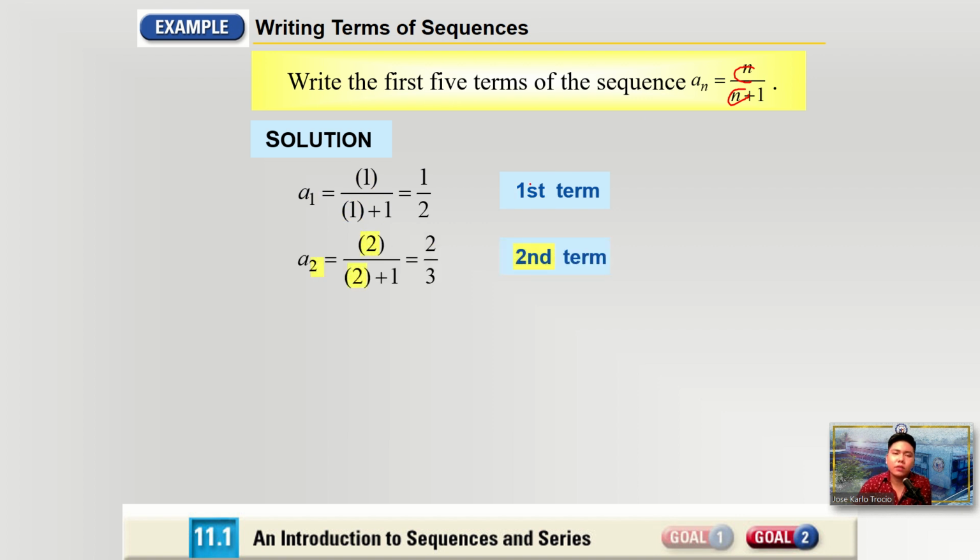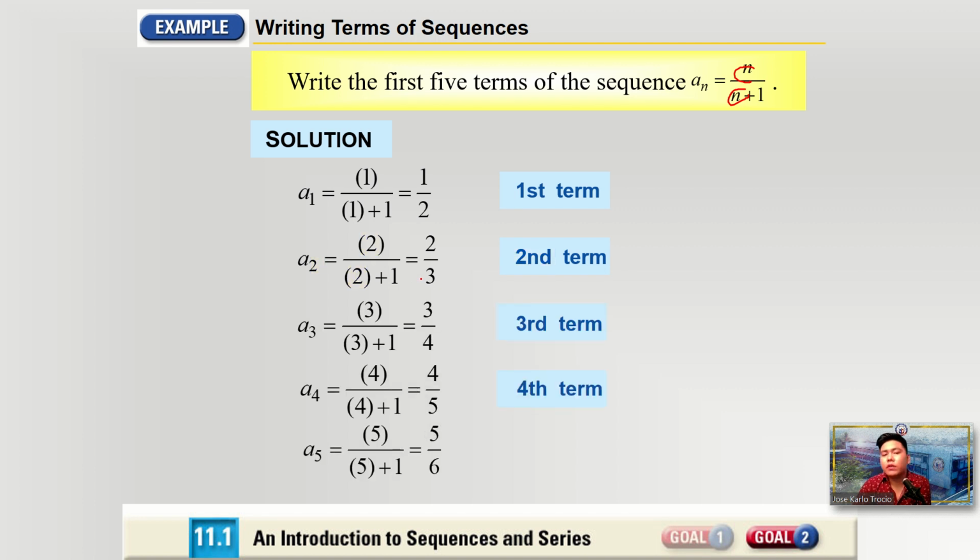Another one, n is 2, there are two n's. So 2 over 2 plus 1, that is 3, and so on. I know you know how to do it already. So the terms are 1/2, 2/3, 3/4, 4/5, and 5/6.